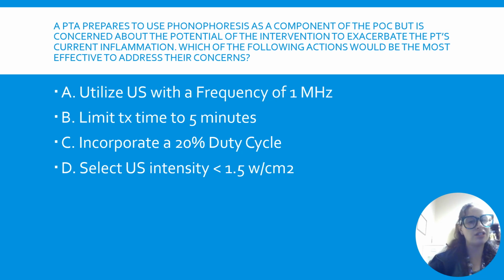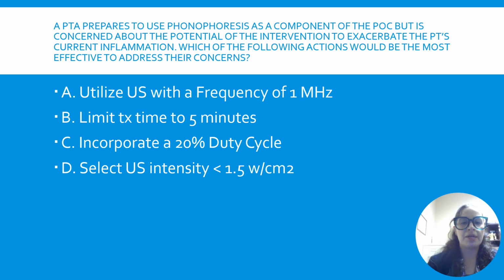It has nothing to do with the inflammation, okay? I can go deep with a 1 megahertz, and I could put very low intensity and very low duty cycle and still use it with inflammation. So that really has no effect. So I would take that out because it has no effect on my concerns. It doesn't make a difference, okay?